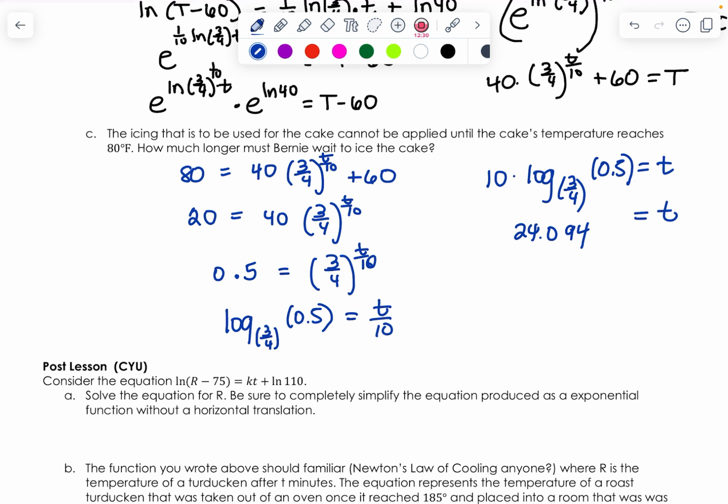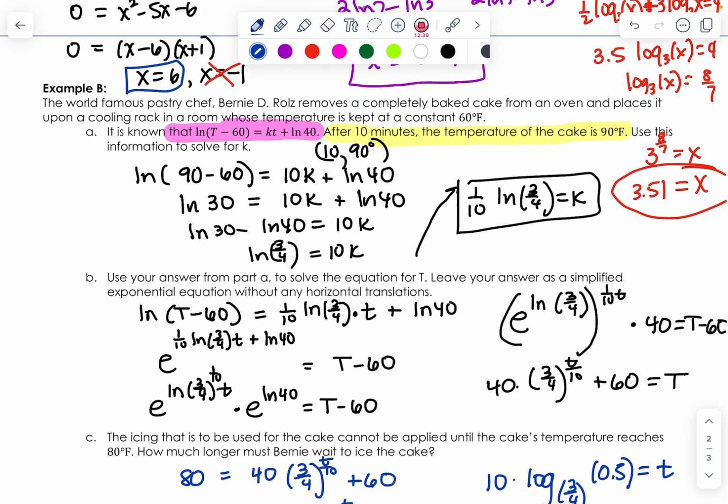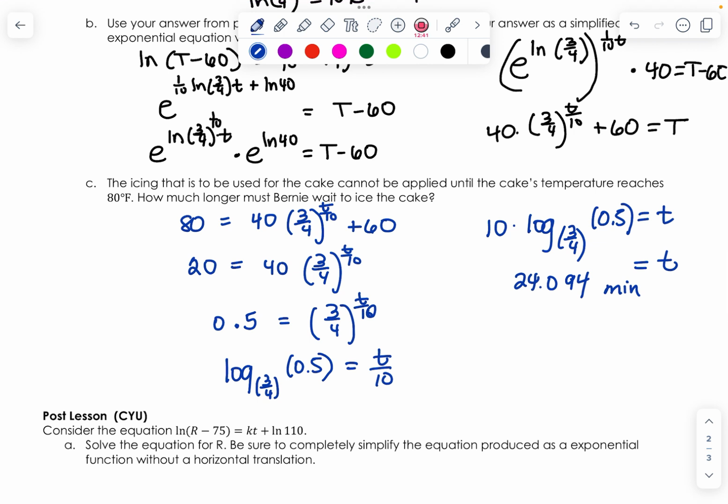Well, Bernie has to wait a total of 24.1 minutes, but do you realize that after 10 minutes it's at 90. So it's a total of 24 minutes from the moment the cake came out.